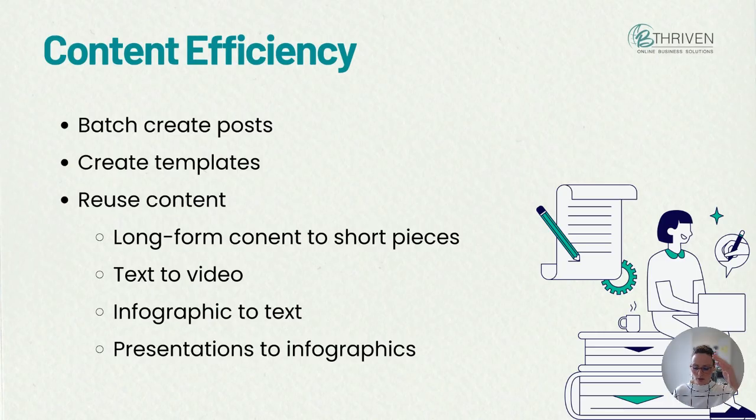If you create all the content at once, you're in the flow, you will save time, and you also create content that actually connects with each other, right? You don't want to just create content for the sake of having something on your socials. You want it to be interesting to your audience and that you actually put thought into it.